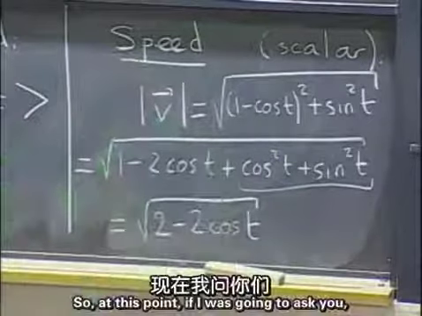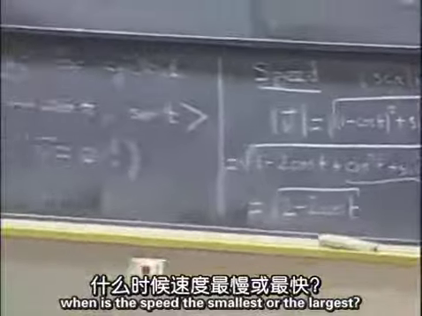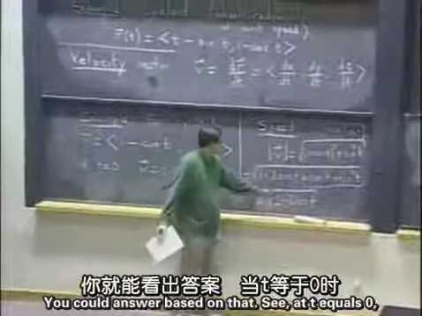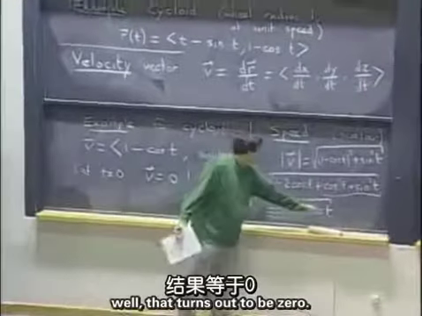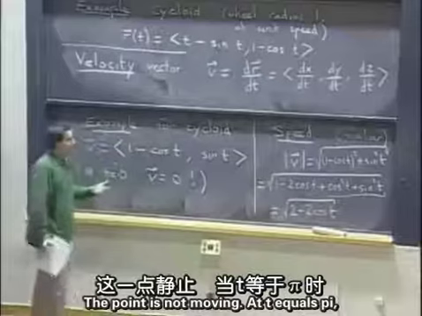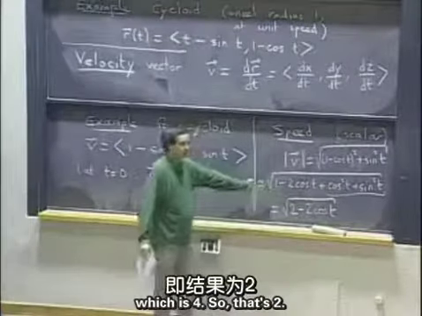At this point, if I were to ask you when the speed is the smallest or the largest, you could answer based on that. At t equals 0, that turns out to be 0. The point is not moving. At t equals pi, that ends up being the square root of 2 plus 2, which is 4, so that's 2.